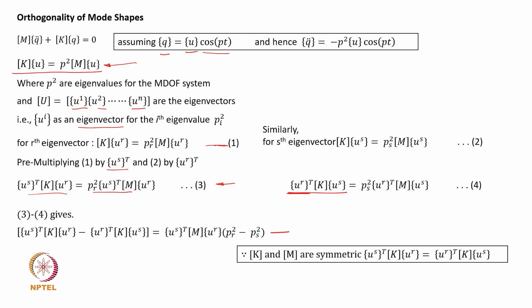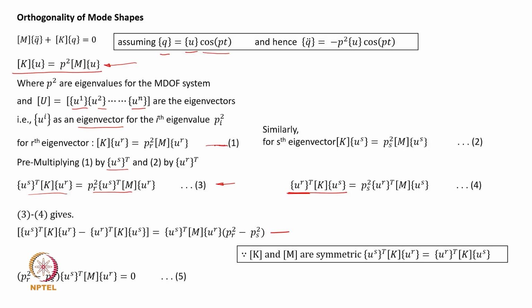that equation is valid either when r is equal to s. In that case, most of the vibratory systems will have distinct eigenvalues, and so pr square minus ps square will be non-zero for r not equal to s.